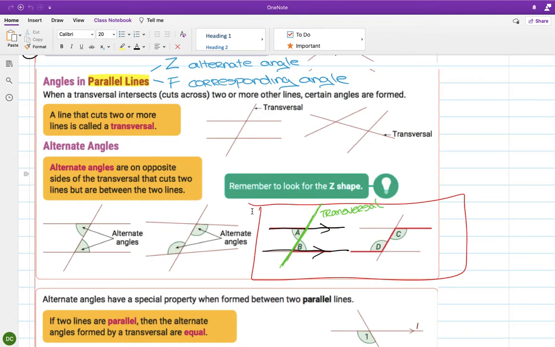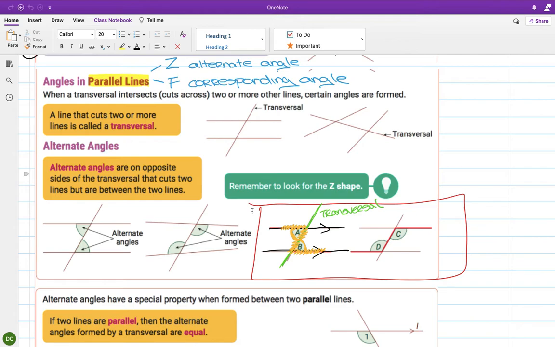Yeah? And then you go looking for your Z shape. Okay, so you start on the parallel line, go down the transversal, and finish on the other parallel line. And you've made the shape of a Z. And then these angles are alternate and equal.